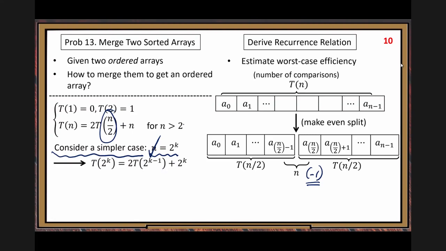Yeah, we don't worry about the fraction case. All right. So then we rewrite our recurrence relation in this way. You won't see any denominator, right? After this transformation, you won't see any denominator. So t of 2 to the k equals 2 times t of 2 to the k minus 1 plus 2 to the k.